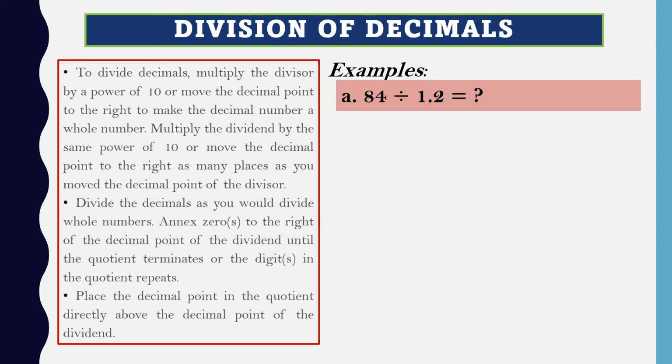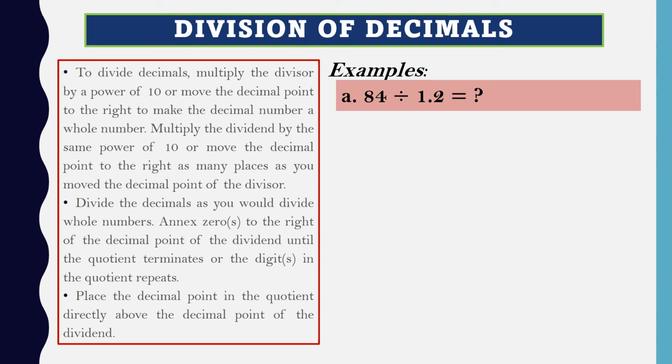And then, next, divide the decimals as you would divide whole numbers. Annex zeros to the right of the decimal point of the dividend until the quotient terminates or the digits in the quotient repeat. Place the decimal point in the quotient directly above the decimal point of the dividend.